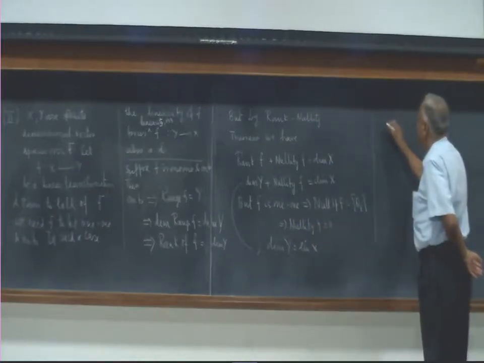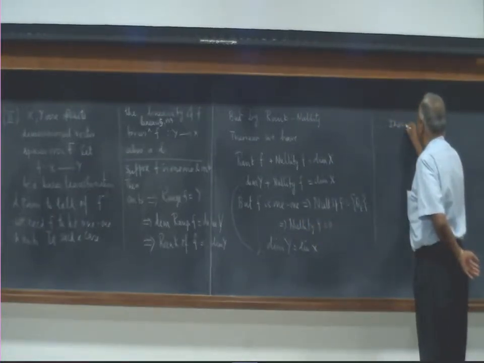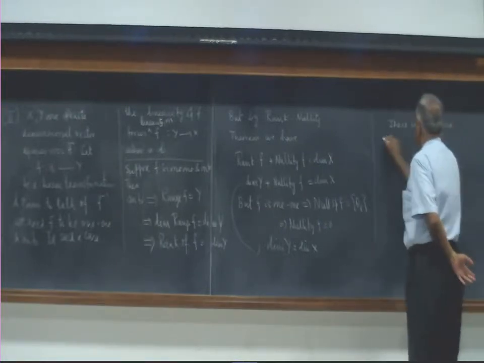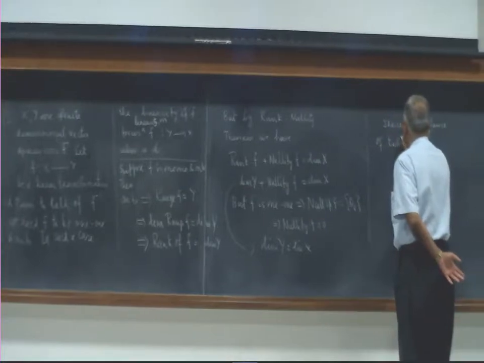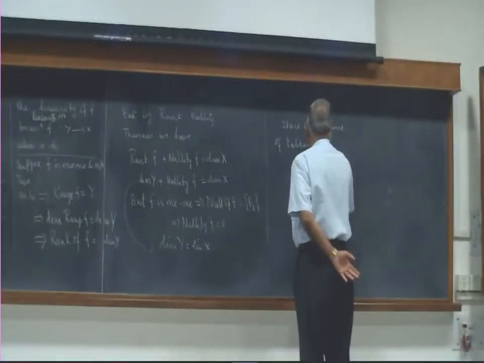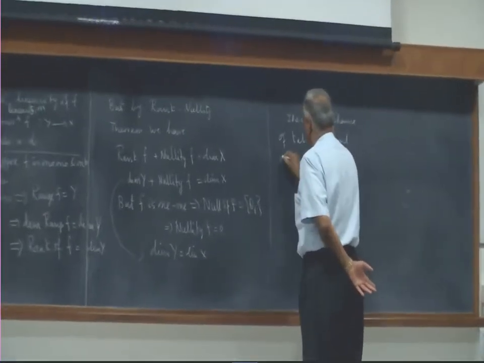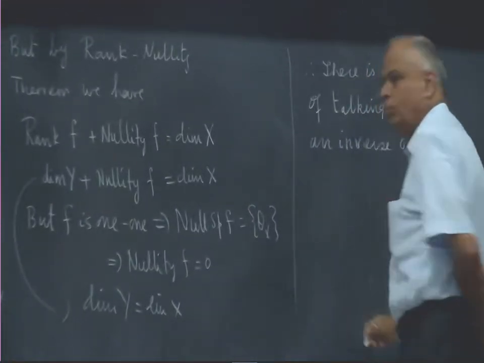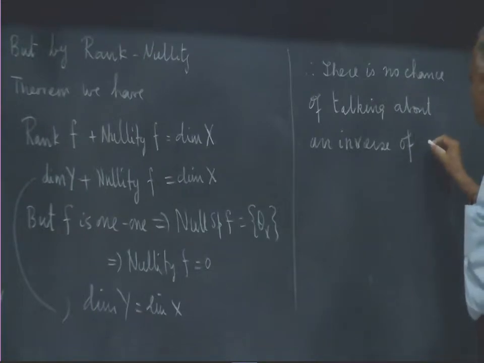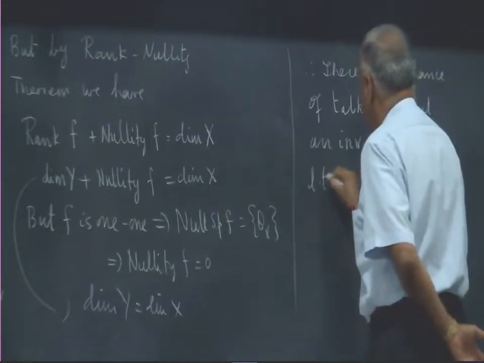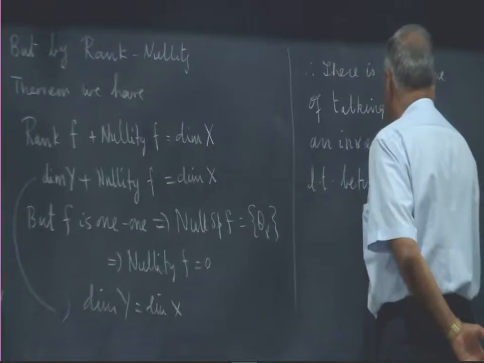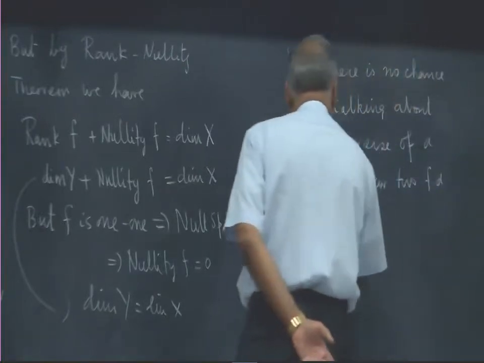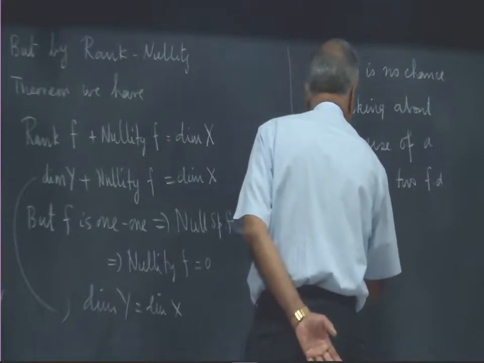So there is no chance of talking about an inverse of a linear transformation between two finite dimensional vector spaces of different dimension.